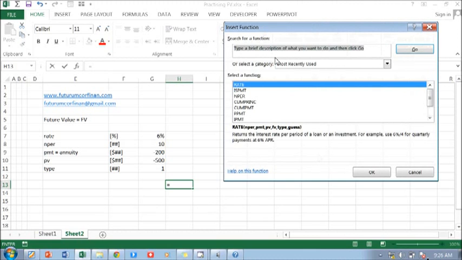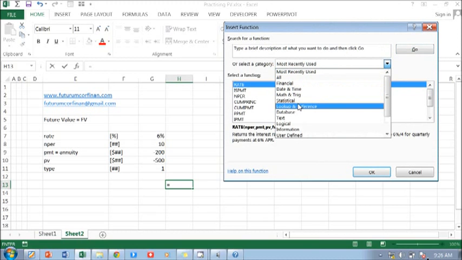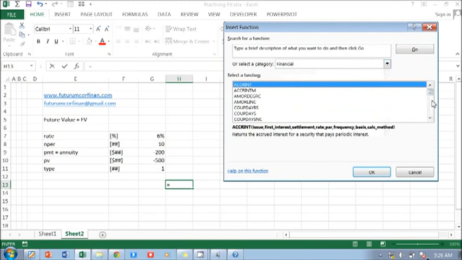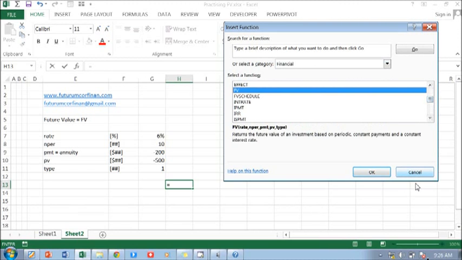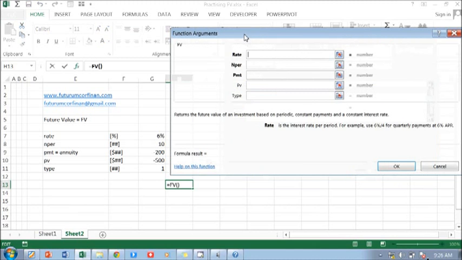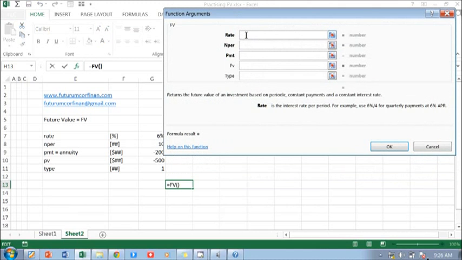It's under financial, I guess. Future value, hopefully it's there. Yeah. And then you go to your rate, 6%.